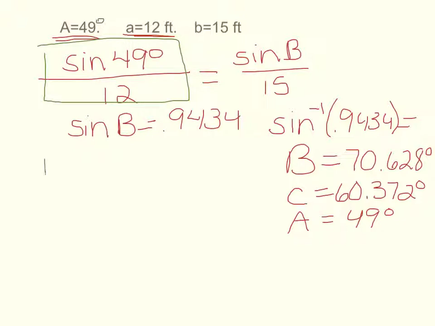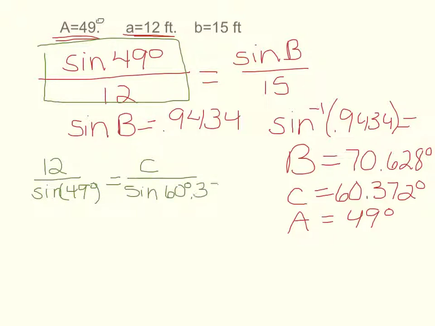So I'm looking for a side length, and so I'm going to put my side lengths in my numerator this time. Sine of 49 degrees is to the side C, which is my unknown, times the sine of 60.372 degrees. Sorry, I put my little degree symbol in the wrong spot.